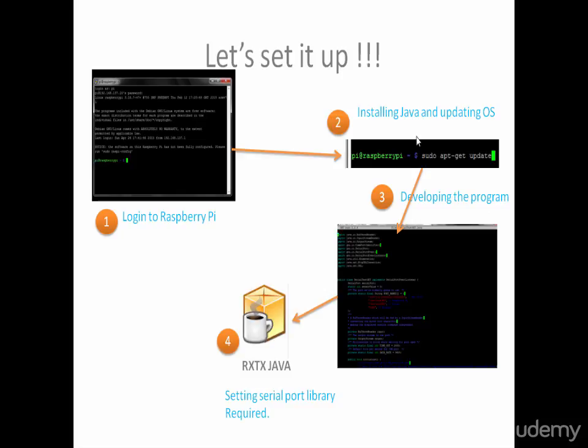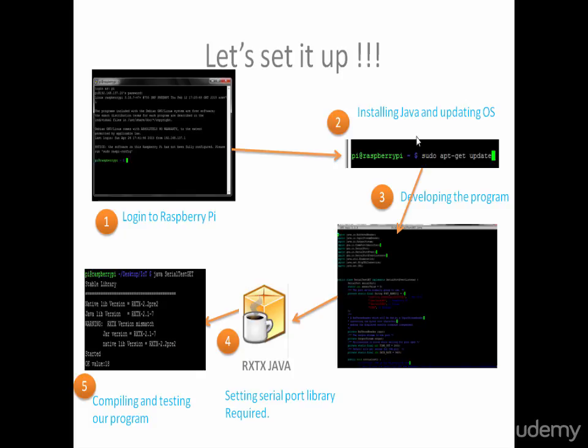Then we are going to do a serial communication check, to see if our Arduino is able to send the serial data to Raspberry Pi and this Java program is able to read it. And then once the Java program is able to read it, we are going to transfer that data across the internet to our SAP HANA.